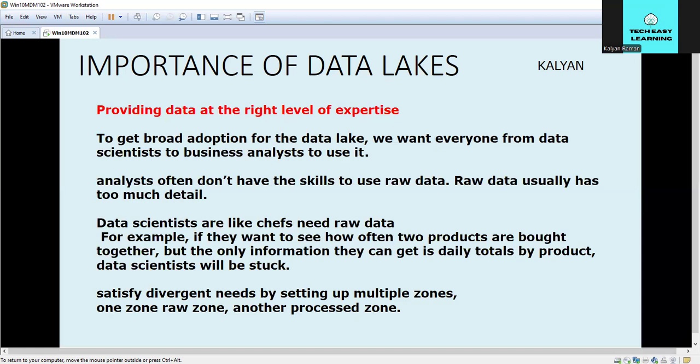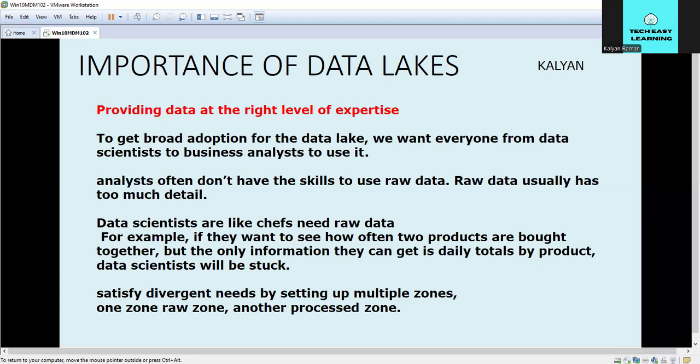Raw data means it contains too much detail. But data scientists require the raw data. They are like chefs. Chefs get the raw vegetables and they chop them and use them accordingly. So the data scientists can do that, but business analysts cannot do that.